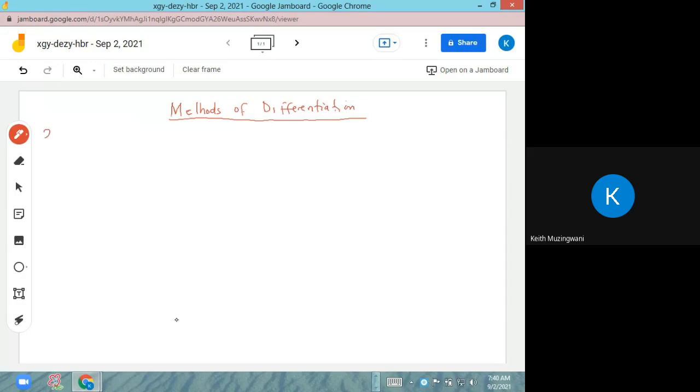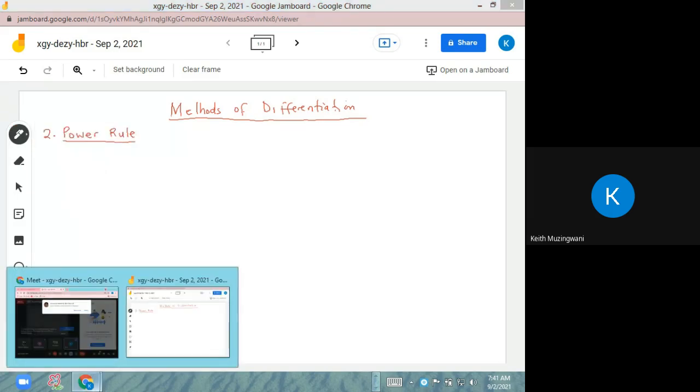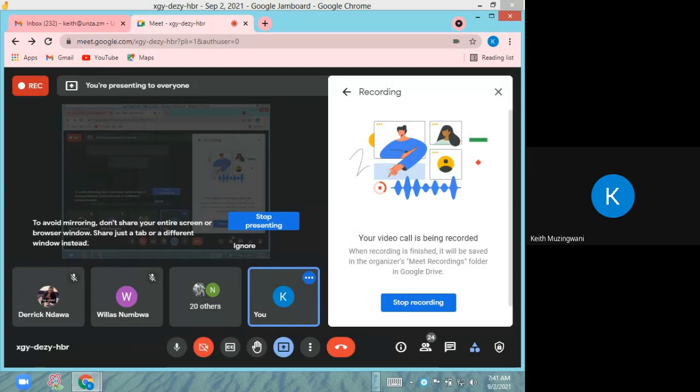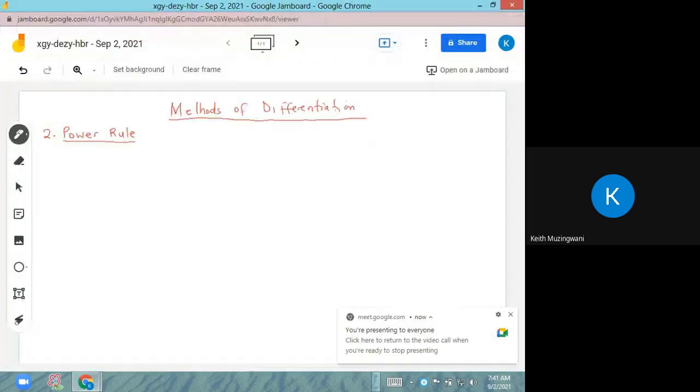Now our second method is power law. If you understand this rule, all other rules become a giveaway, because it will appear in every other rule.